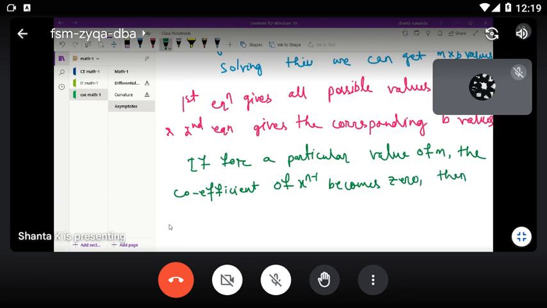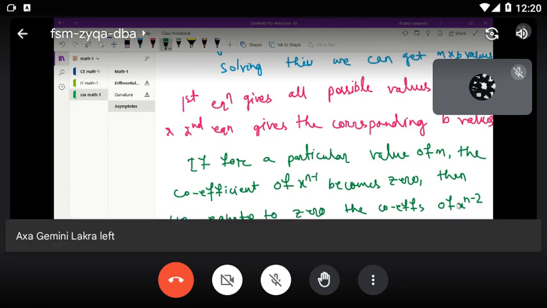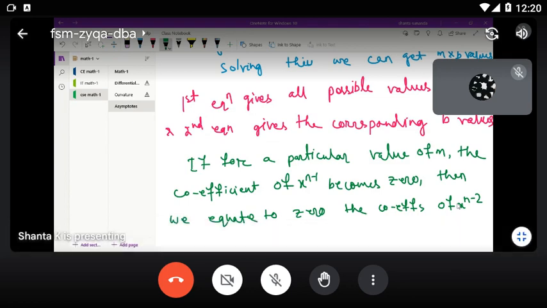Then we go for the next highest term. We equate to 0 the coefficient of the next highest term, that is x power n minus 2, and it will go on. If x power n minus 2 becomes 0, we will go for x power n minus 3. We need as many values as there are values of m. We will do the examples.